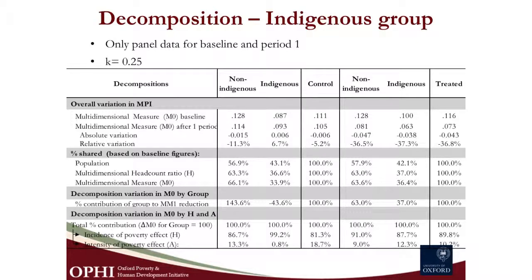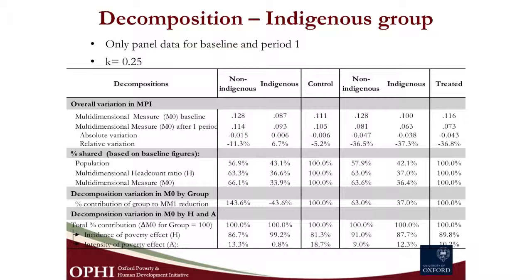By comparing, that's a property of the M0, you can compare in the indigenous group if the effect was bigger or smaller than across the population of the other groups. You can just compare the absolute variations, make the difference, and then you know the impact on that specific group. And the same for non-indigenous.